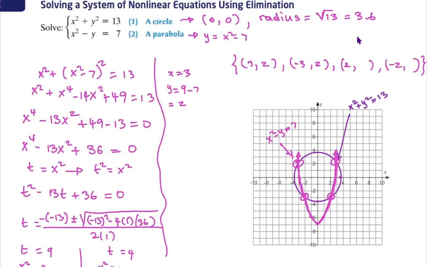Then x equals 2 will give you y equals 4 minus 7, so that is negative 3. And negative 3 also for x equals negative 2, because when you square negative 2, it gives you the same number 4. So that's the solution for the system.